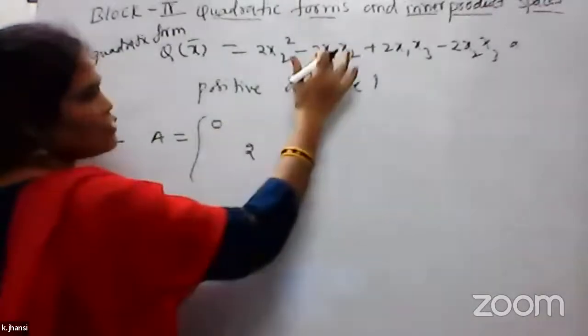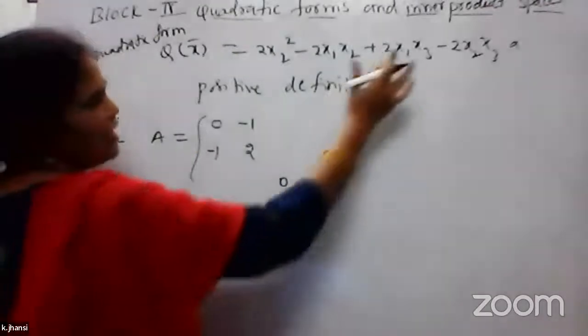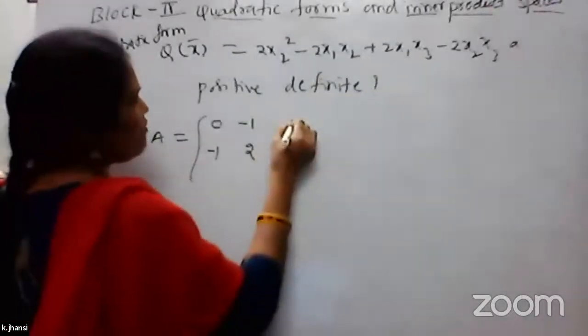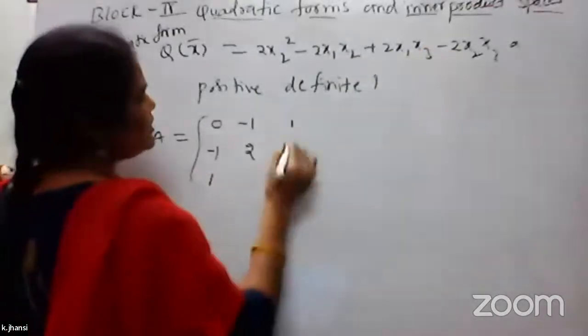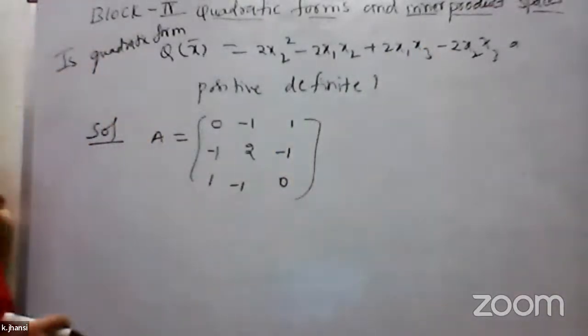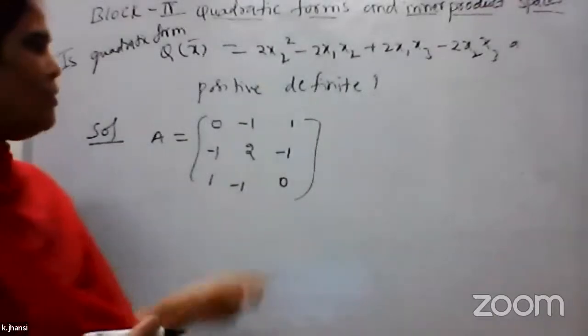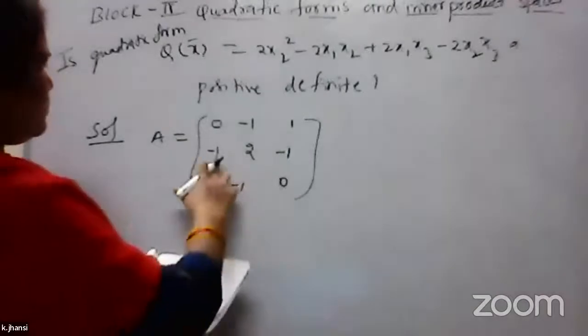For x1 and x2, if you divide by 2, you will get -1, here -1. Next x1, x3 means here 1, next here 1. Next this is -1, this is -1. Follow the process I told in the previous problem. Directly I am writing this one.